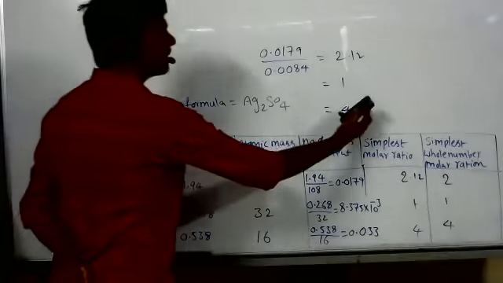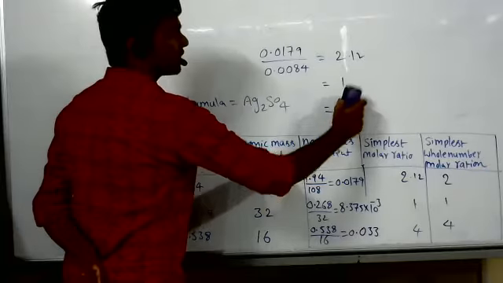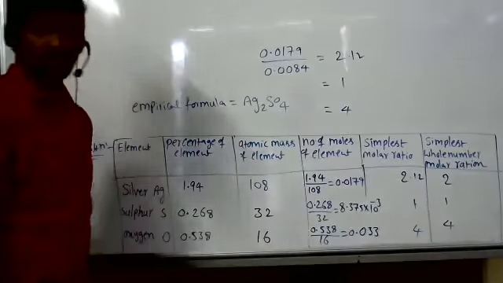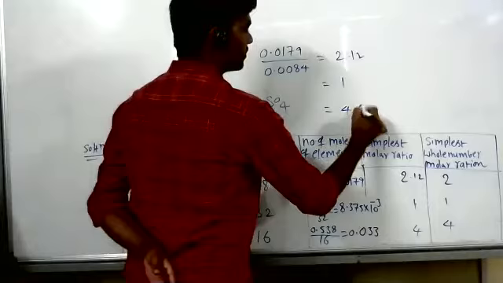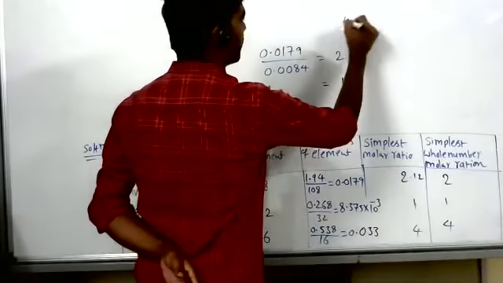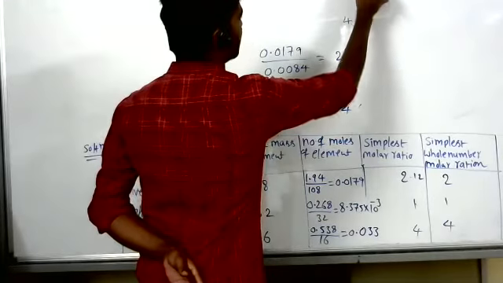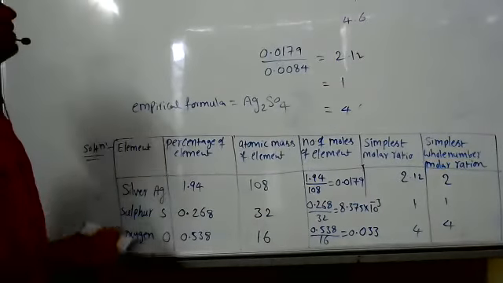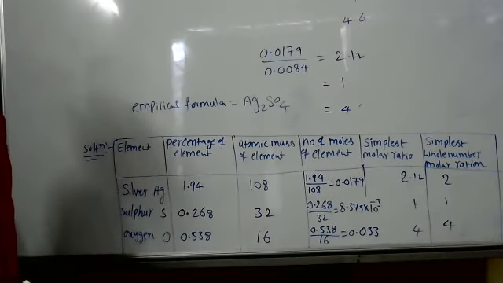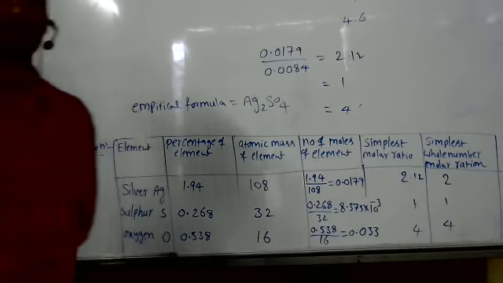It depends on the other numbers. Suppose here it is 4.6, that is 2.3, and this is 1. How can you neglect that? So you have to multiply with some number to get a whole number.